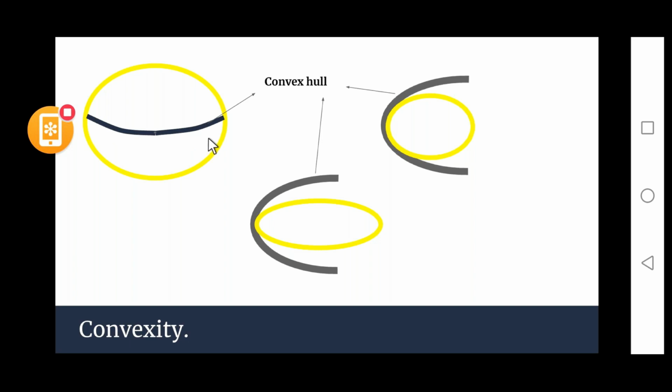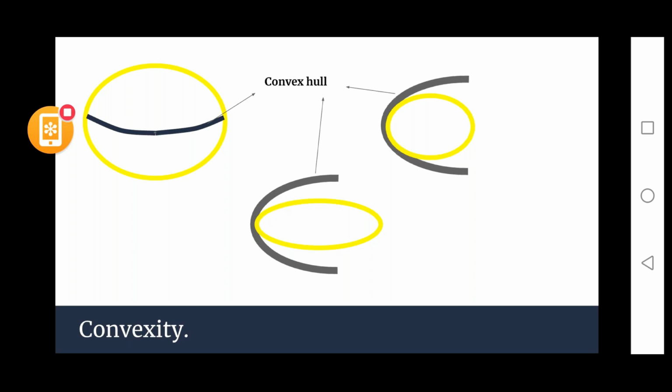And what is the convexity? Convexity is basically the proportion or ratio between this convex hull and the convexity of the cornea. This value can vary between 0 and 1, where 1 signifies more convex and 0 signifies less convex. Suppose we see a patient with keratoconus, the patient may have a value of 1 or closer to 1.